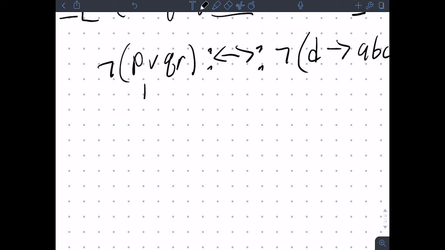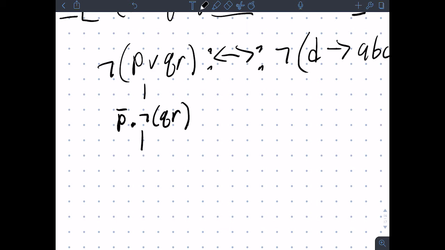So this is an alternation, and it's negated. So we're going to be able to apply De Morgan's law. And if we do that, we get not P and not Q and R, right? Hopefully I'm not making a bunch of mistakes here.